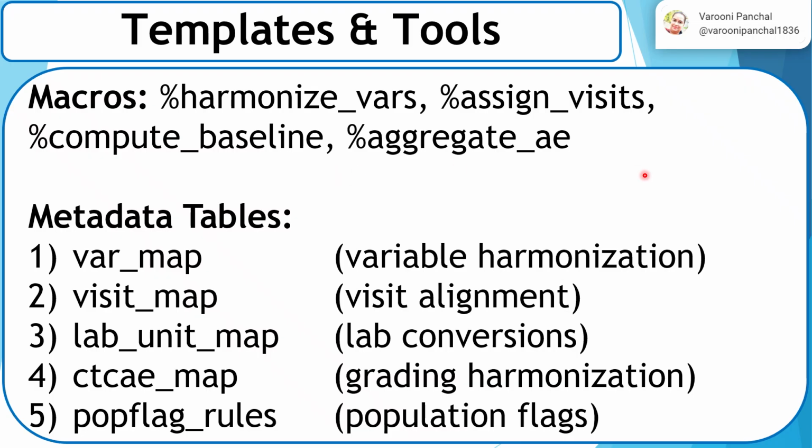Now here there are certain templates and tools you can use, or develop or design in your SAS programs. You can use harmonizing variables, assigning visits, computing baseline, and aggregate definition window flags. Here are the variable_map for variable harmonization, visit_map for visit alignment, lab_unit_map for lab conversions, CTCAE_map for grading harmonization, and pop_flag_rules for population flags.